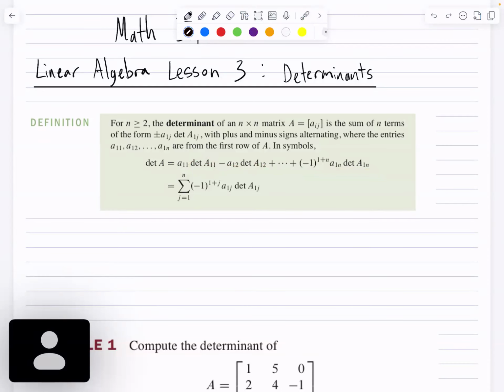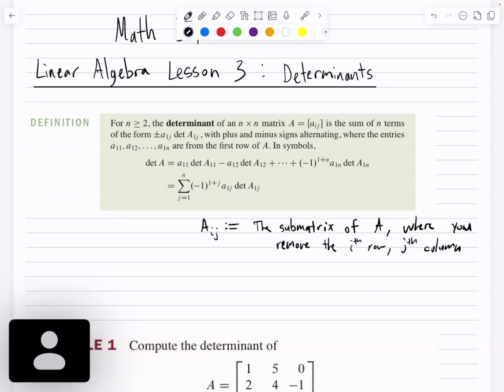And so what are these? A sub 1,1, or capital A sub ij, is defined to be the submatrix, meaning a smaller matrix of A, where you remove the ith row and jth column. Let me give you a quick example.